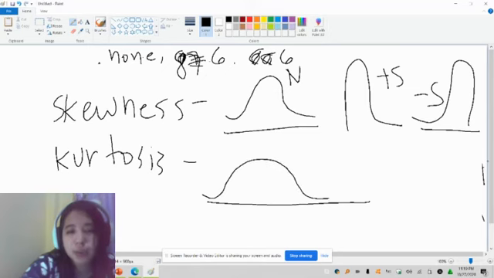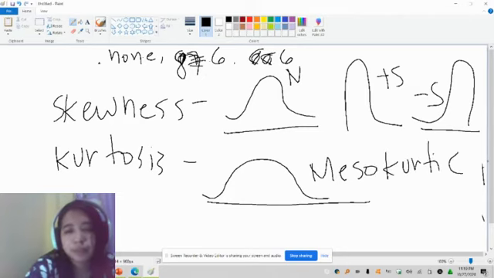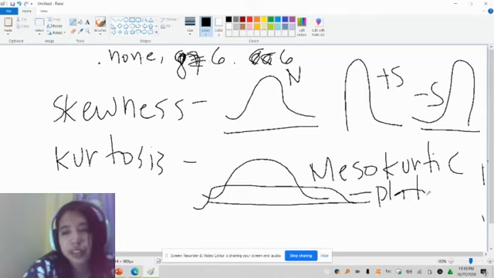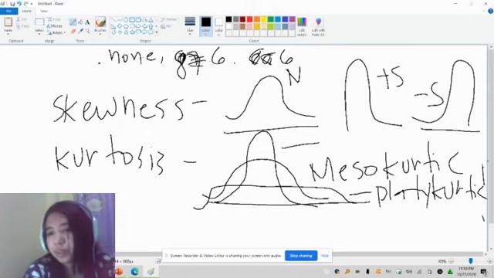So this is our normally distributed, which we call mesokurtic. Lower than that is called platykurtic. While higher, or a higher peak than our mesokurtic, is leptokurtic.